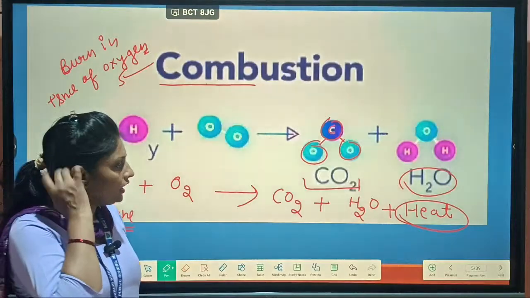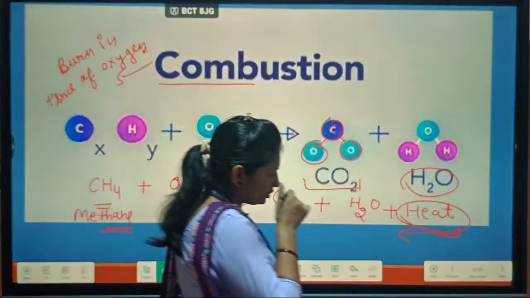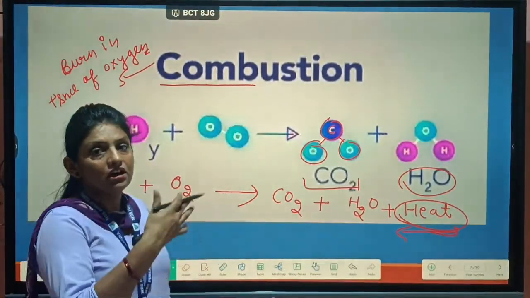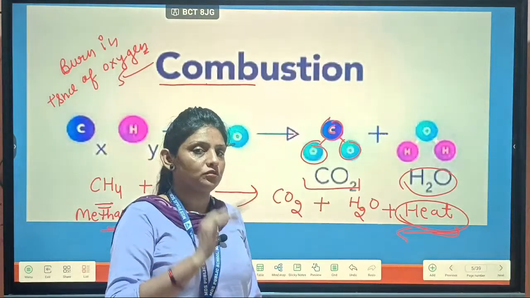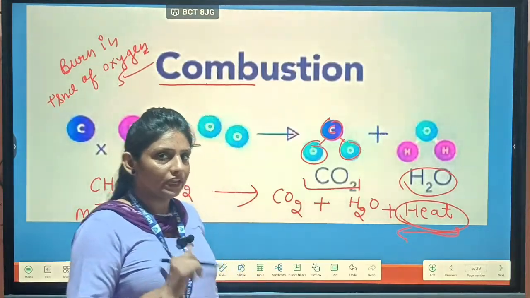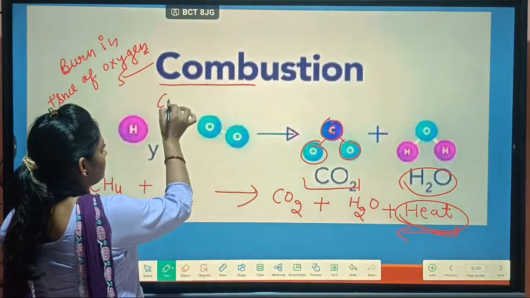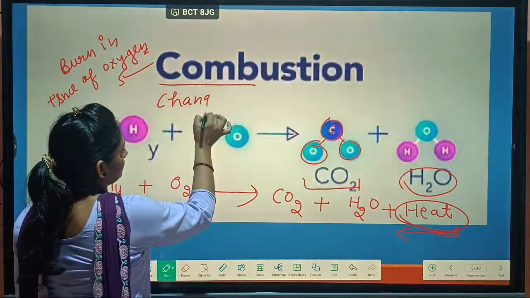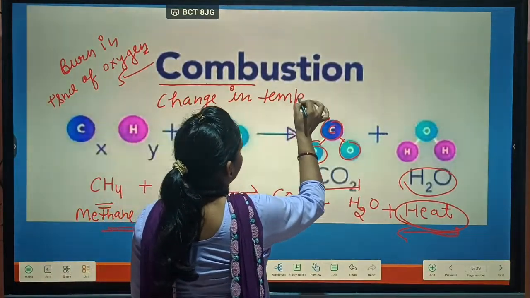So here change in temperature will take place. This is an exothermic reaction because heat is being released here. So it is an exothermic process. We can take this example in change in temperature.